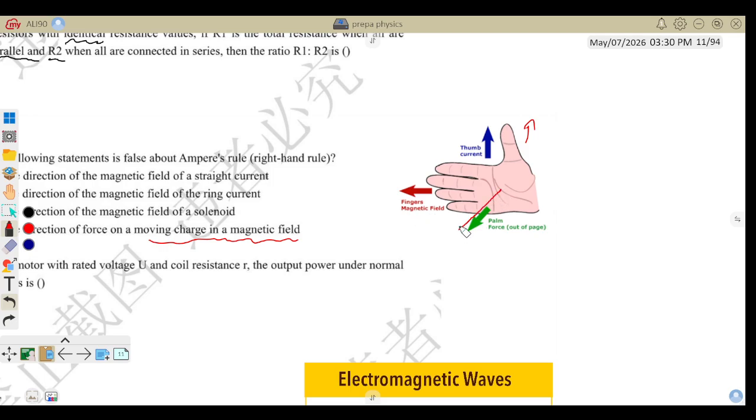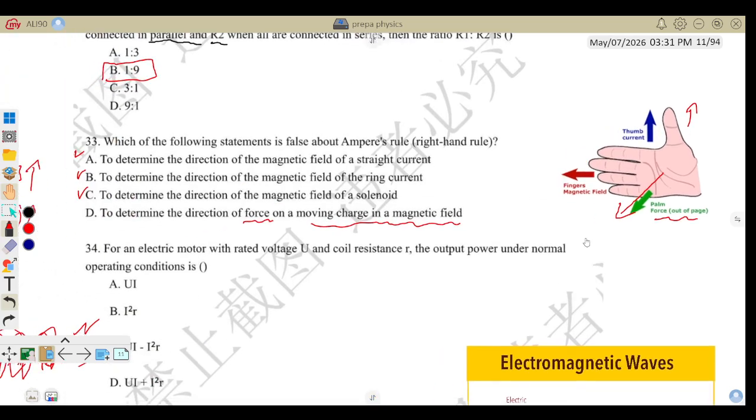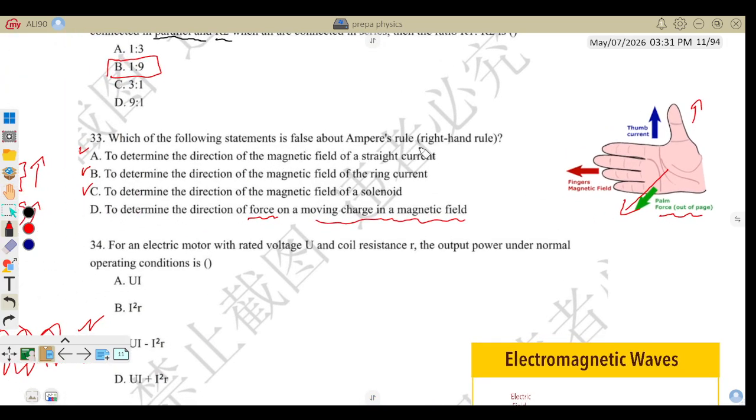Finally, the palm faces the force, out of the page in our case. So for the force, we need to use the right-hand palm rule or the Fleming left hand, one of them, but not Ampere's rule in general. So D is the false one and the one that we need to choose as the correct answer for question 33.